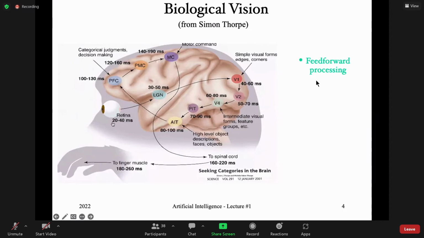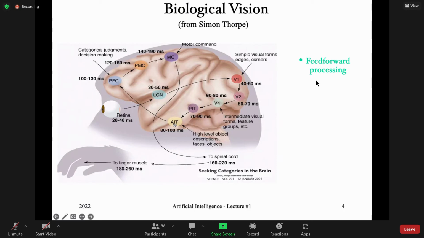The time for the retina, which receives image information from outside, to go to the closest neural network takes between 20 and 40 milliseconds. So we have here a first layer of neurons, a second layer of neurons here, and so on. And we have the high-level neurons here.